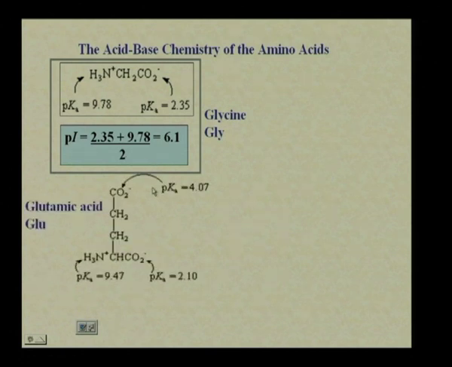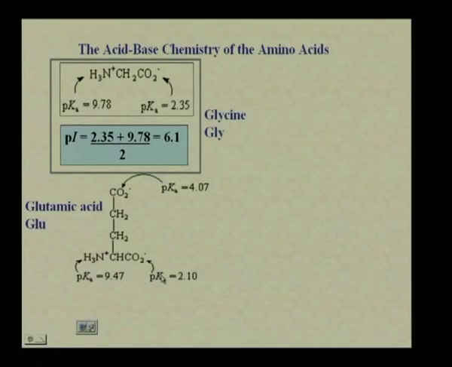What happens if I have a glutamate? When is the charge 0 for the glutamic acid? The charge is 0 for the glutamic acid at what point? When it is between these two. Now, at the last, see this is pK3 or rather pK2 for the amine, this is pKr, this is pKa.